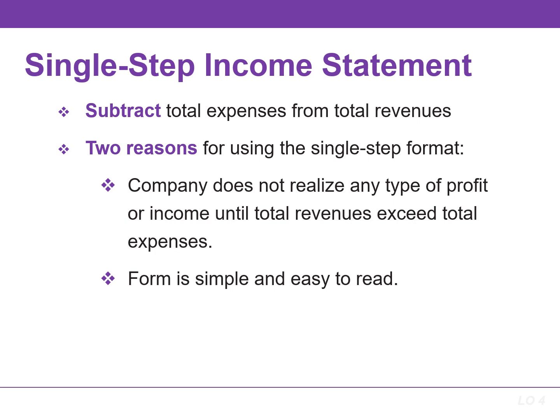There are two primary reasons for using a single step form. A company does not realize any type of profit or income until total revenues exceed total expenses. So it makes sense to divide the statement into these two categories. The second reason is the form is simple and easy to read.